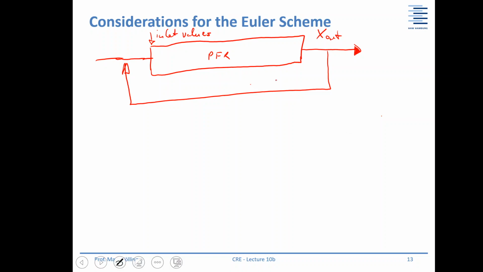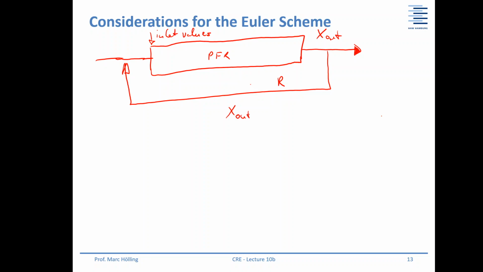Then I said, okay, I have a recycle ratio, and I take the values from here with the recycle ratio, put them back to the inlet, and then start my calculation again. Then I get the outlet conversion.